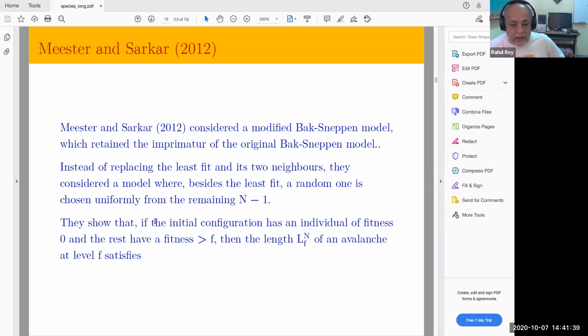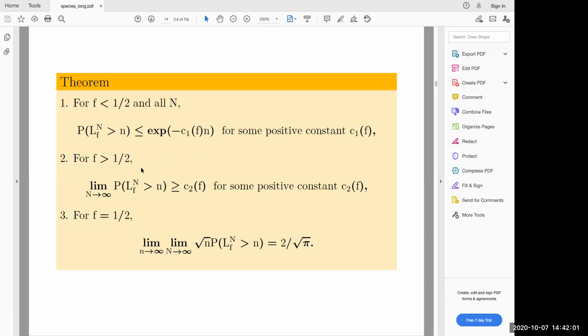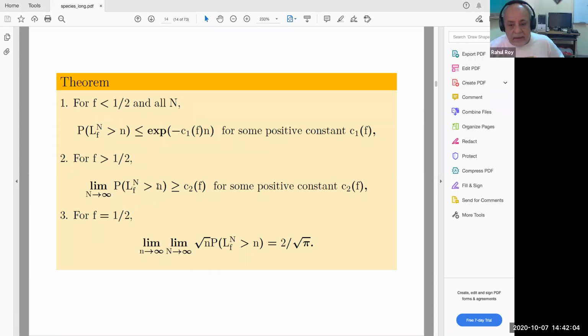They show that if the initial configuration has an individual of fitness 0 and the rest have fitness bigger than f, then for f less than half, the length of an avalanche has an exponential decay. For f bigger than half, the probability that the length is bigger than n is a positive constant. And for f equal to half, it decays like 1 over root n.